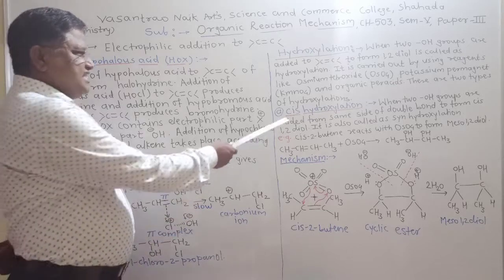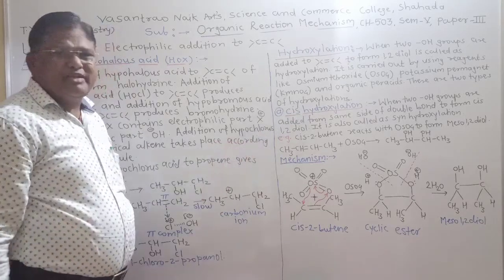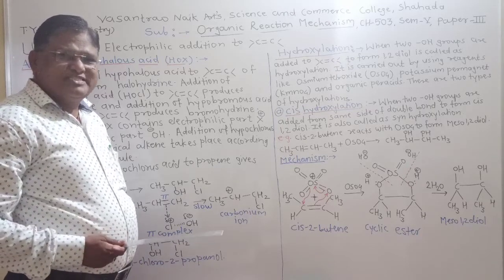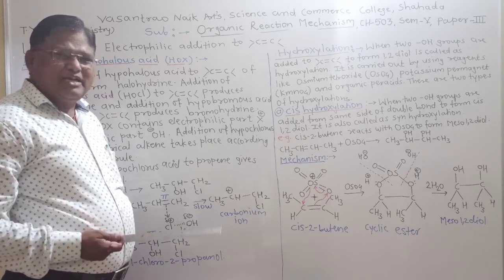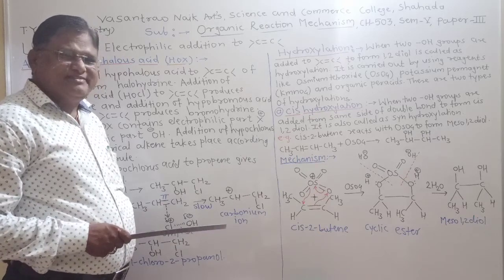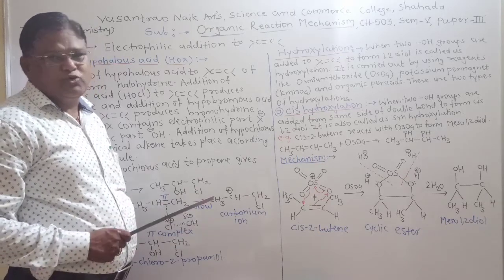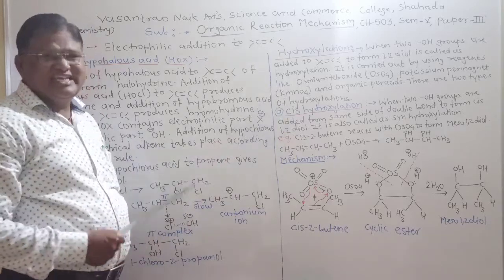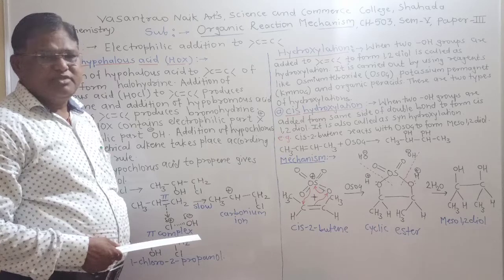Now cis hydroxylation. What is meant by cis hydroxylation? When two OH groups are added to a carbon-carbon double bond from the same side to form a cis 1,2-diol, it is called cis hydroxylation or syn hydroxylation.